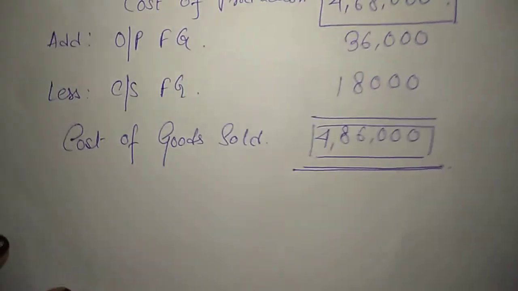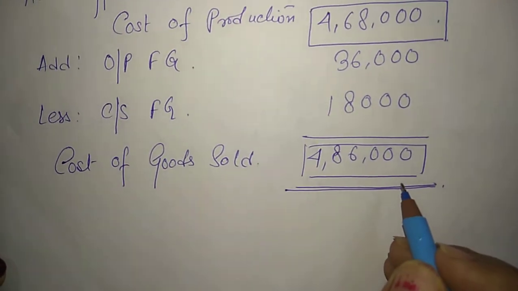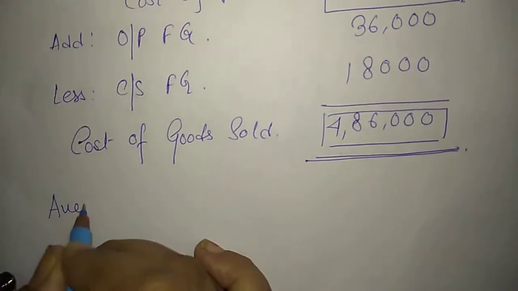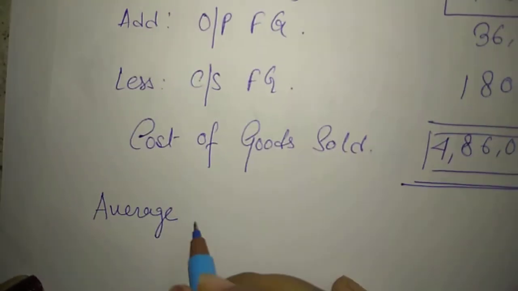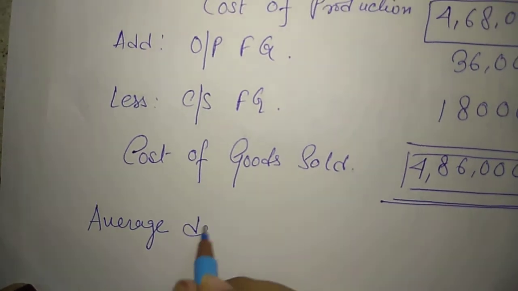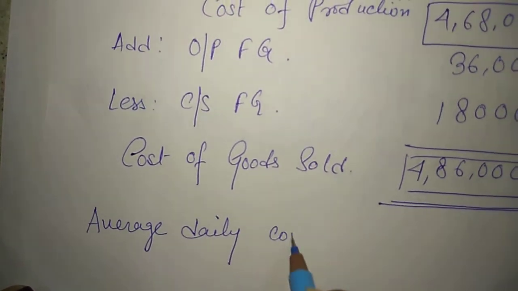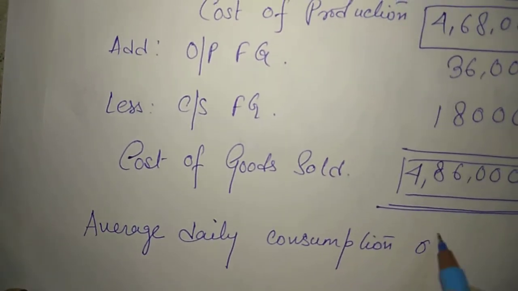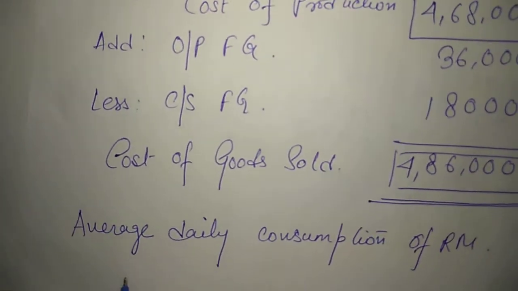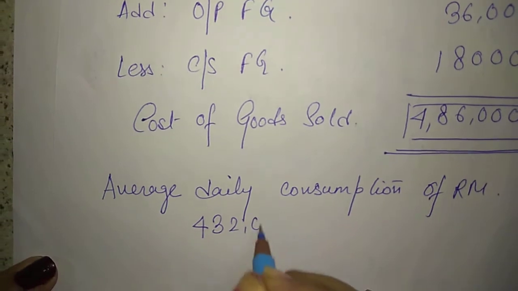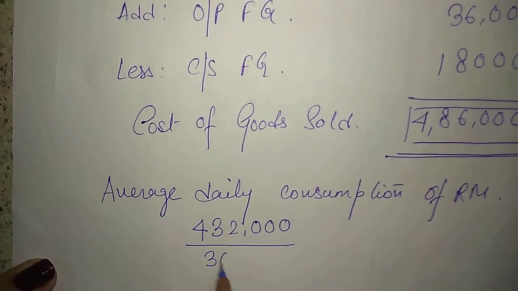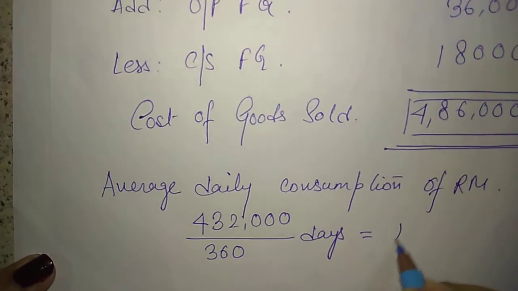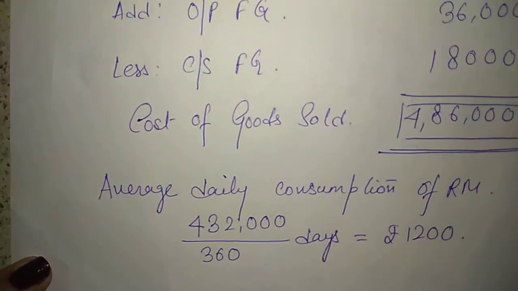So in a year, if I consume 4,32,000 of raw material, then the average daily consumption of raw material comes to how much? 4,32,000 I am consuming in 360 days. So in one day I am consuming 1,200 of raw material.